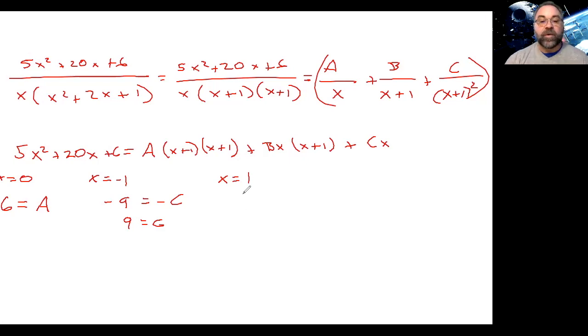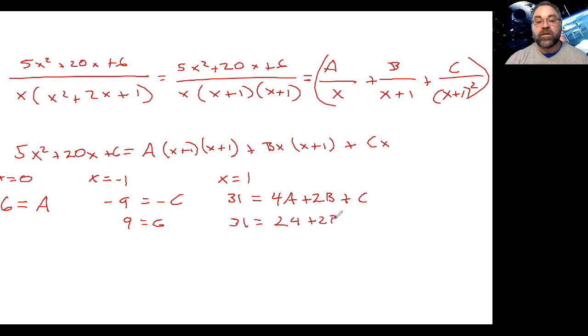Because if x is +1, the left side is just 31, right? 5 plus 20 plus 6. Okay, the right side, well, notice we get 2 times 2 times A, so we get 4A. We get B times 1 times 2, so we get 2B. And we get C times 1. Okay, and now we can use the fact that we already know A is 6. We solved for it already.